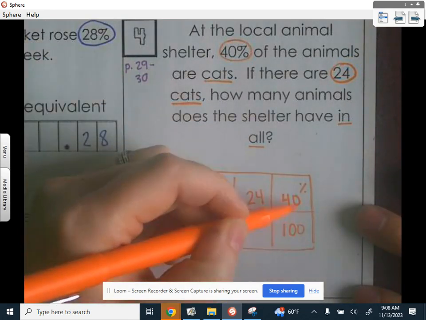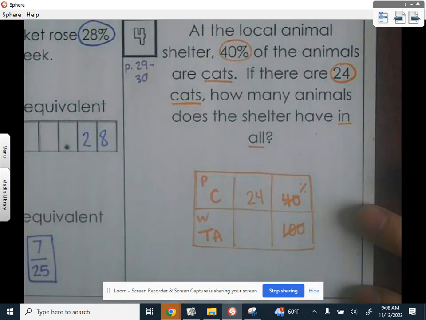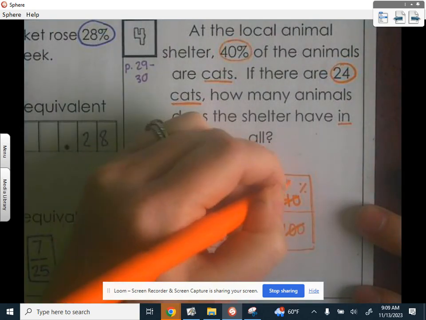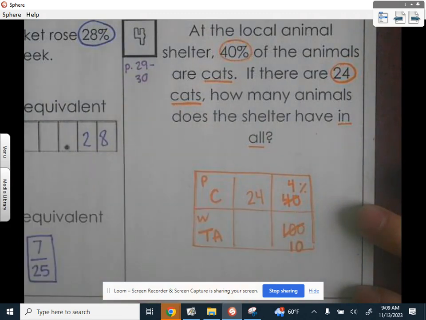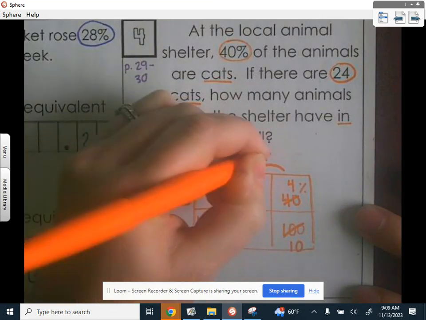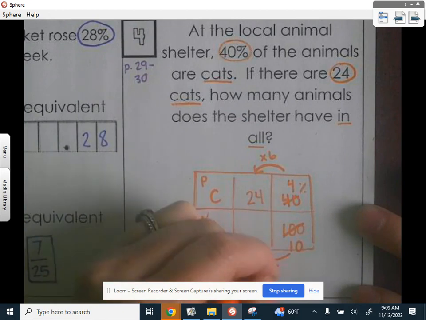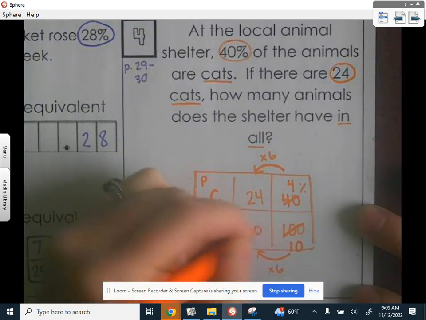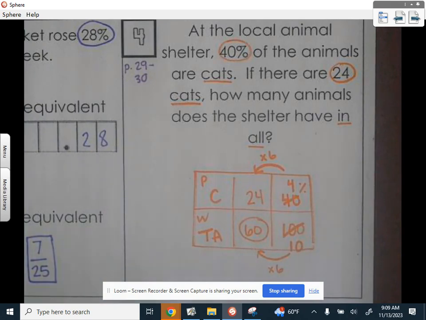In this one, I see that both of these end in 0. So remember, anything that ends in 0 is divisible by 10. So 10 goes into 40 4 times, and it goes into 100 10 times. Once I do that, now I do have a relationship, because 4 times 6 is 24, and 10 times 6 is 60. So that tells us that they have 60 animals at the shelter altogether.